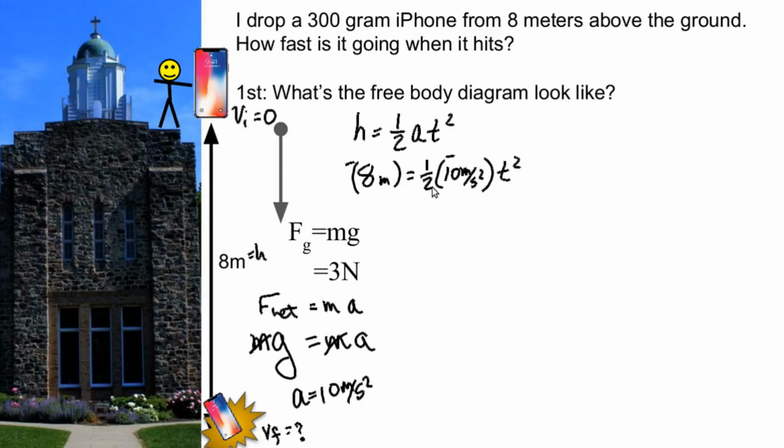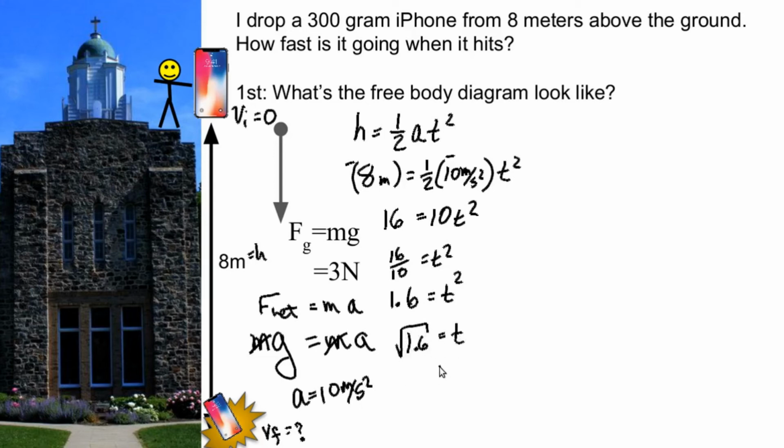So let's simplify that. I'll multiply both sides by 2, so I don't have any fractions. So 16 will equal 10t squared. So 16 over 10 equals t squared. 1.6 equals t squared. So to get rid of that squared, I'll take the square root of both sides. The square root of 1.6 is going to be t. What is the square root of 1.6?